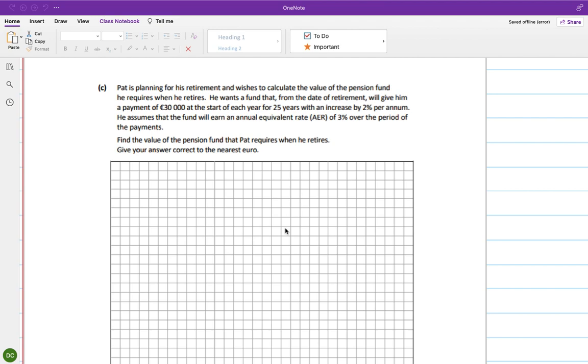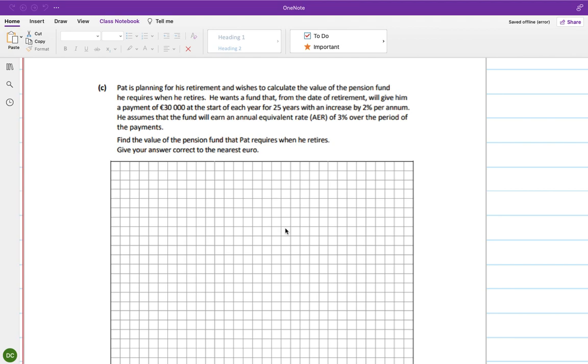So we will be using present values, because all of those payments we have to date back to the beginning of his pension, and then he needs to have that much money there. So he needs to have, say, a pension of €500,000, so that over the coming years he can get money in increments. But the money needs to be there at the start, so that's why it's like a loan. It's just divvied out to him over the course of time.